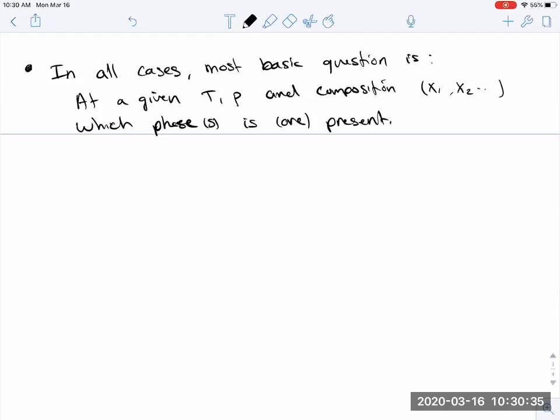So I fix the temperature, I fix the pressure, I fix the composition. Which phase do I see? And we already know how to answer that question.